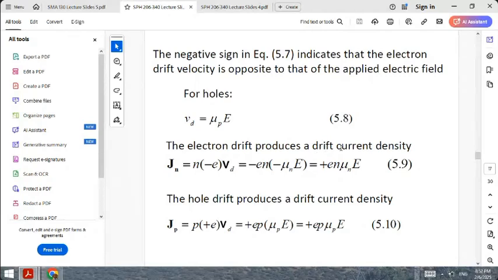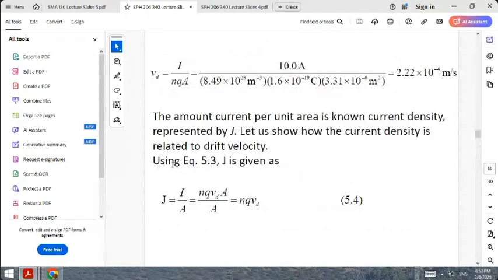So this drifting of charges produces what we call drift current density, which is I divided by A. If we check back here, J is n q v_d, equation 5.4.